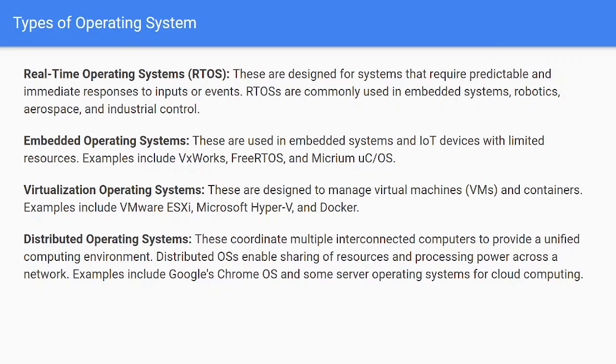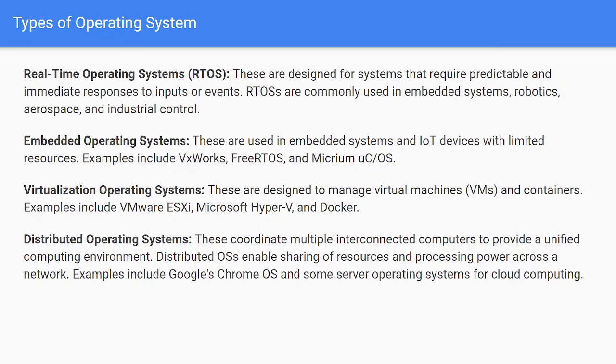Then we also have the embedded operating system. These are used in embedded systems and IoT devices, that's Internet of Things devices. Some examples are VxWorks, FreeRTOS, and Micrium uC/OS. So basically, these are for embedded systems and IoT devices.